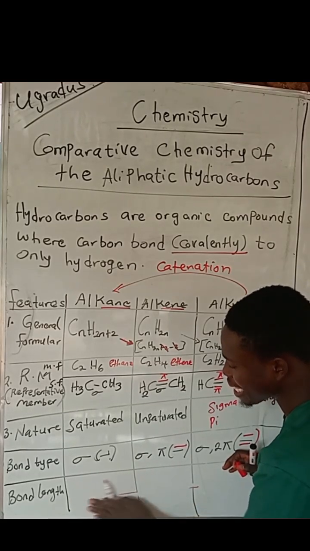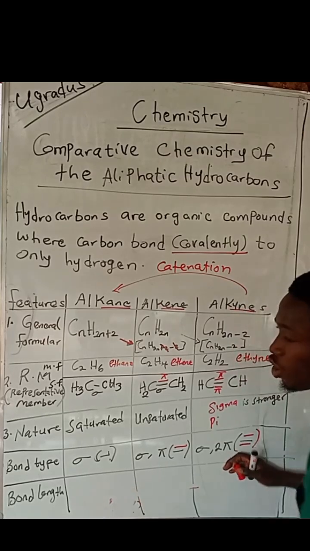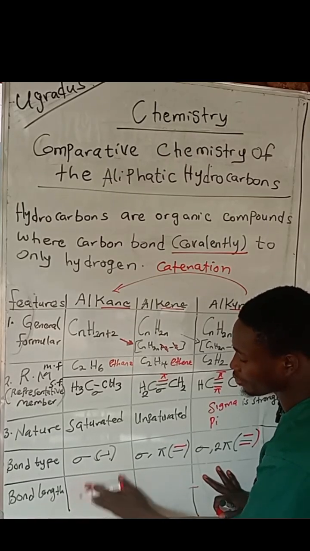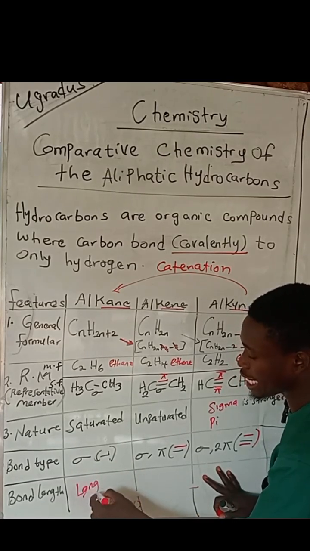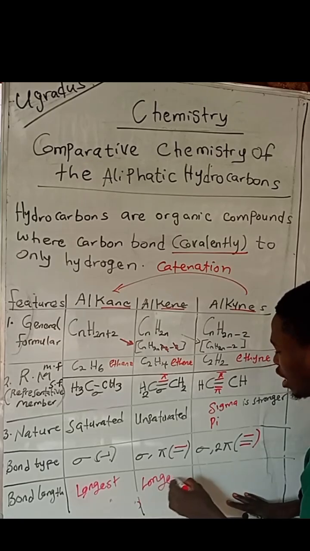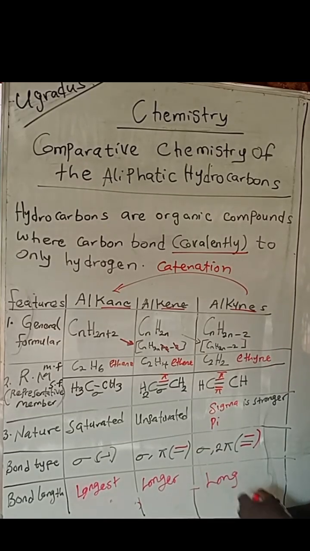That means the thinnest one will be the longest. So in terms of bond length, alkane is the longest because it is the thinnest, while alkene is shorter, and then alkyne is the shortest.